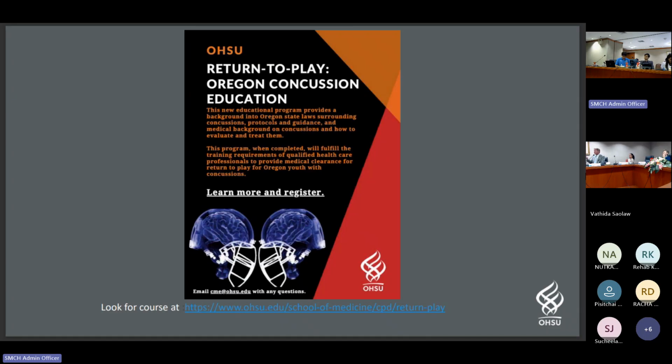The state legislature asked us to develop a course to ensure that people were exposed to the state laws and all the information necessary to clear people for concussions. Physical therapists in the state of Oregon can clear people for concussions, as well as occupational therapists, but not athletic trainers yet, even though that may be coming up.